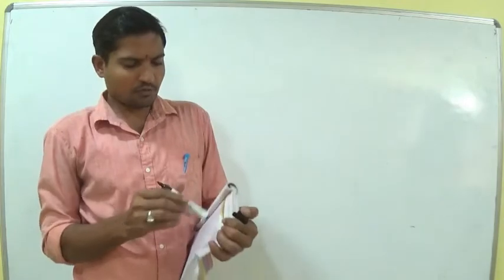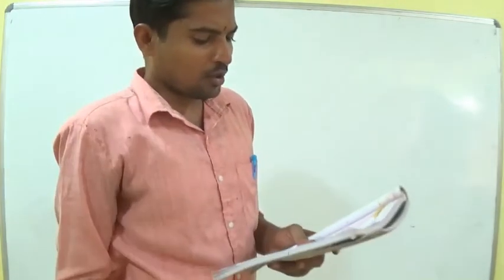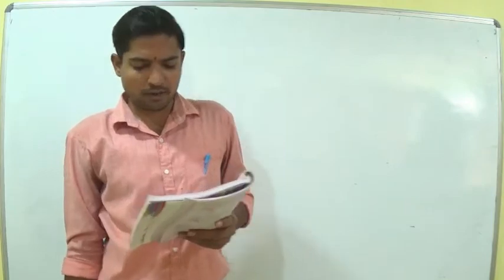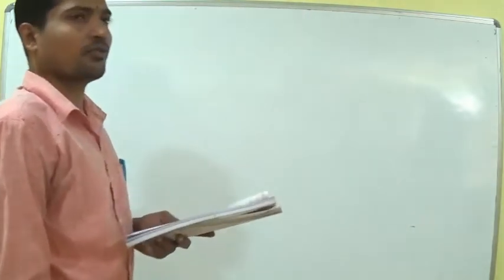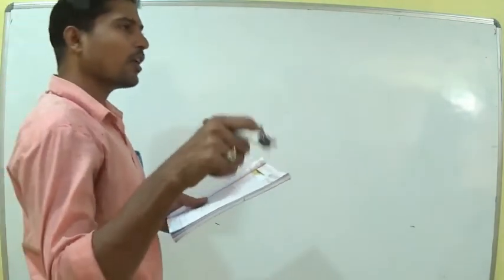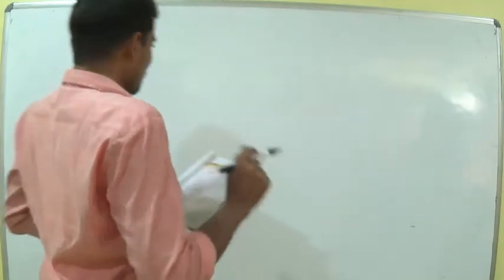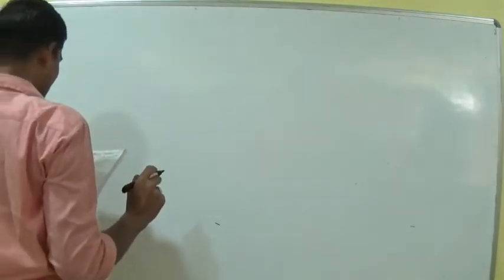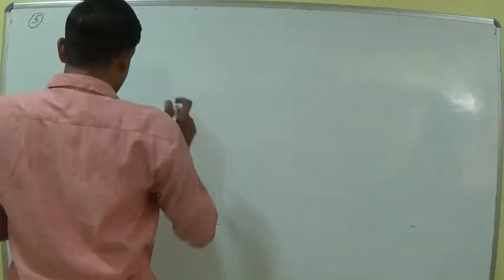Now, fifth problem. Fifth one is the position of the point P(1, 5) with respect to the circle. Before that, the power of a point we found. Now we are going to find the position of a point. Here position means whether it lies inside or outside or on the circle.